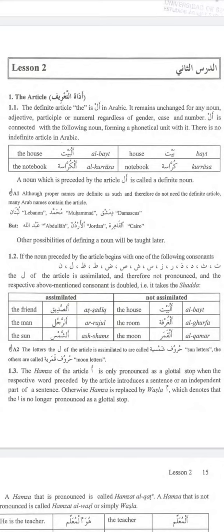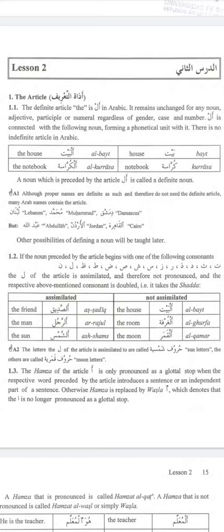So you have baytun, which should be translated as a house. Kurrasa, a notebook, and this could be any notebook. Then on the left side of the column, you have al-baytu, which means the house. On the other side, you have al-kurrasa, which also means the notebook.